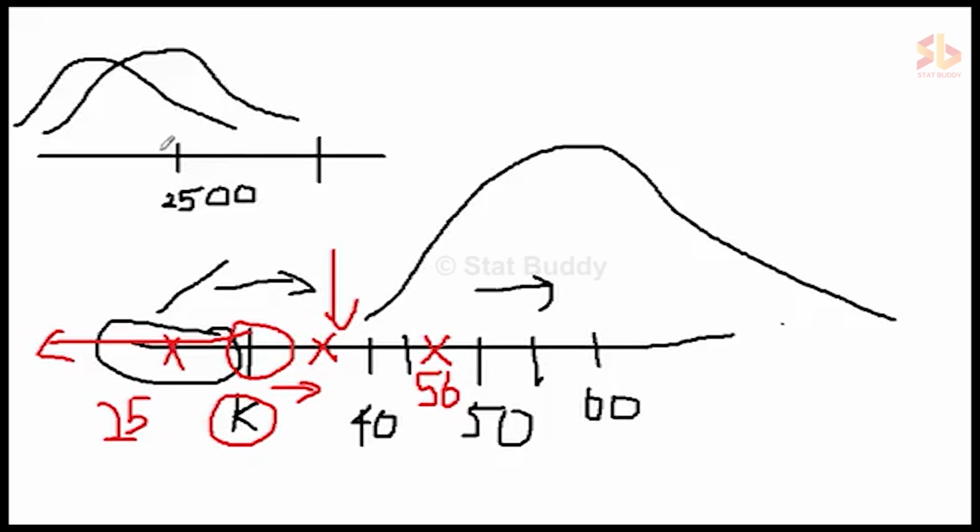So if our H naught is true, then the actual value of mu is somewhere in this region, which means this distribution moves towards this side, and the values in this area are less likely to occur.